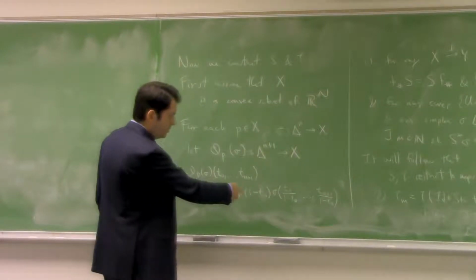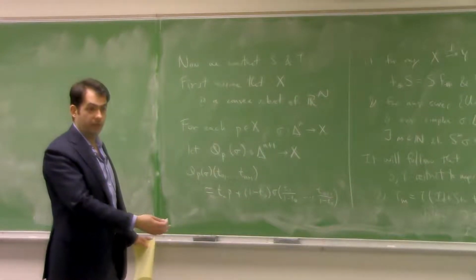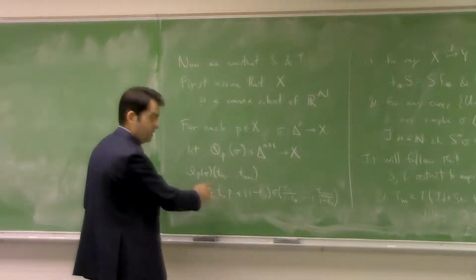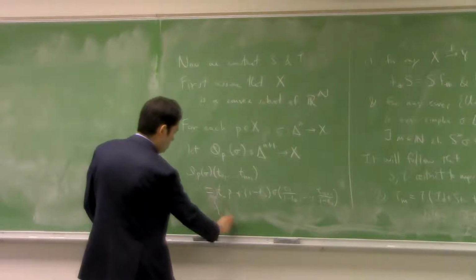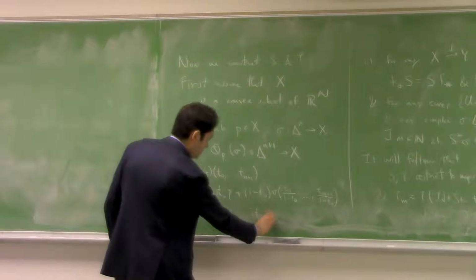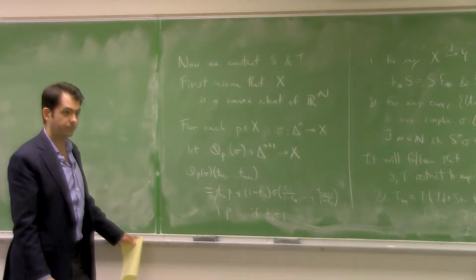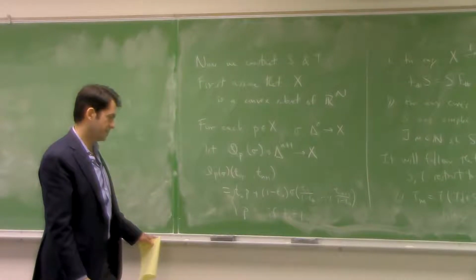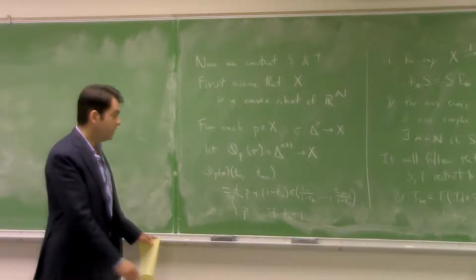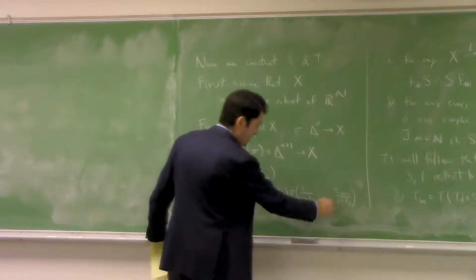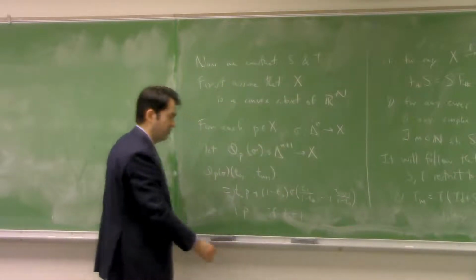As long as 1 minus T0 is not 0, right? If it is 0, then just take P. So P if T0 is 1.